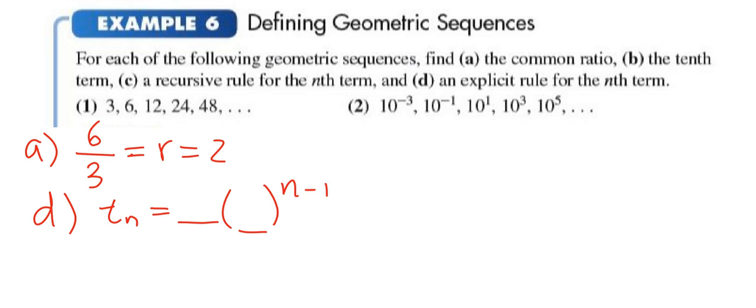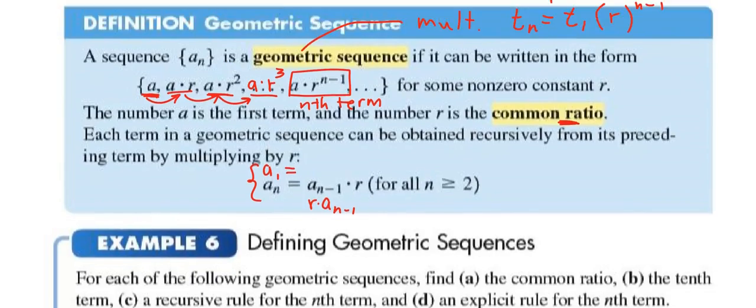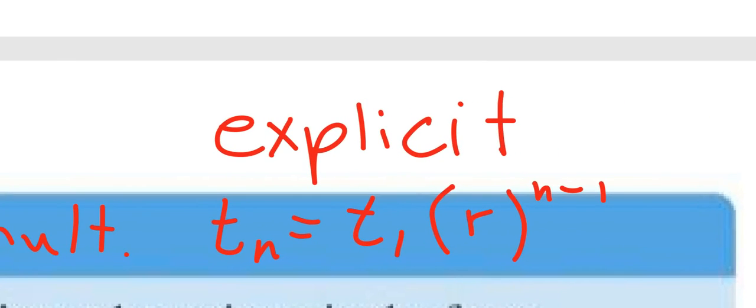Nice. Oh, switched them. But so, first term is this is the R. Correct. So the multiplier is 2, according to the explicit formula. Remember, the explicit formula is this pattern up here. So it goes first term, and then the ratio to the n-1 power.